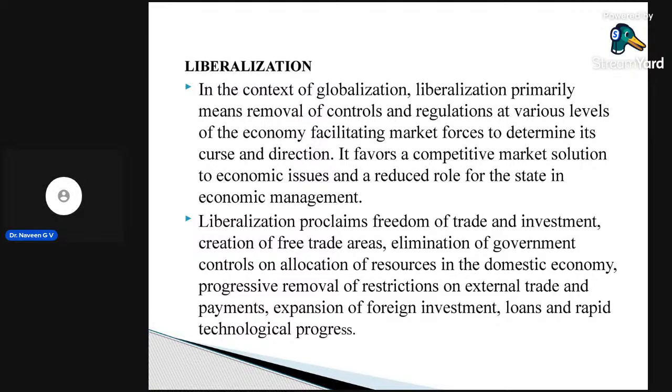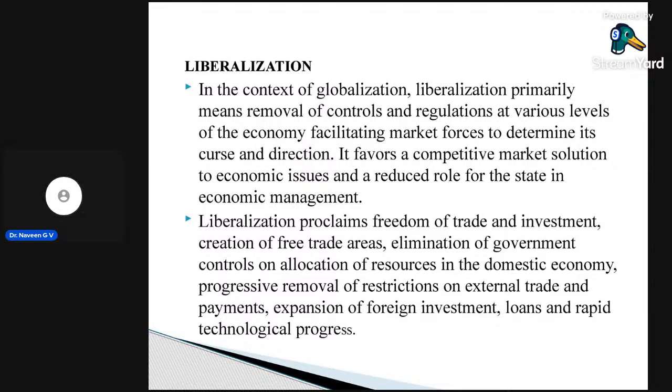And here, facilitating the market process, determining its course and direction, it favors the competitive market solution to market issues and reduces the role of the state in economic management.